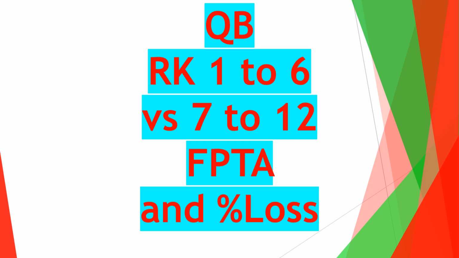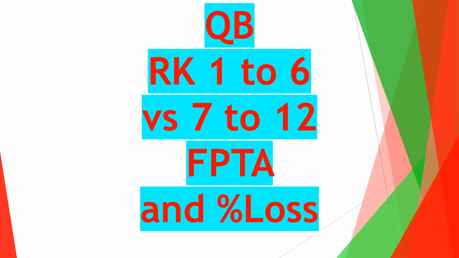So now let's think in general terms about the top half and the bottom half of the 12, in terms of fantasy point averages and percent loss, right? This is kind of related to the gap issue between the top half and the bottom half. Has that really stayed the same or gone up?